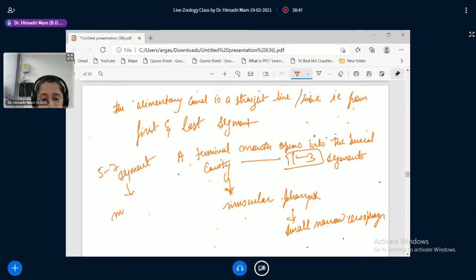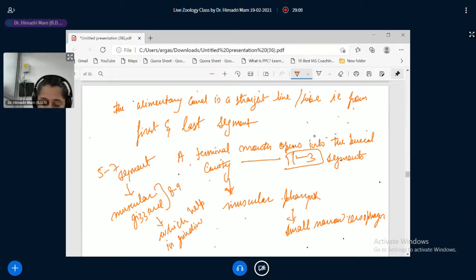That is a muscular gizzard, in the 8th to 9th segment, which helps in grinding decaying and soil particles. The stomach extends from the 9th to 14th segment.